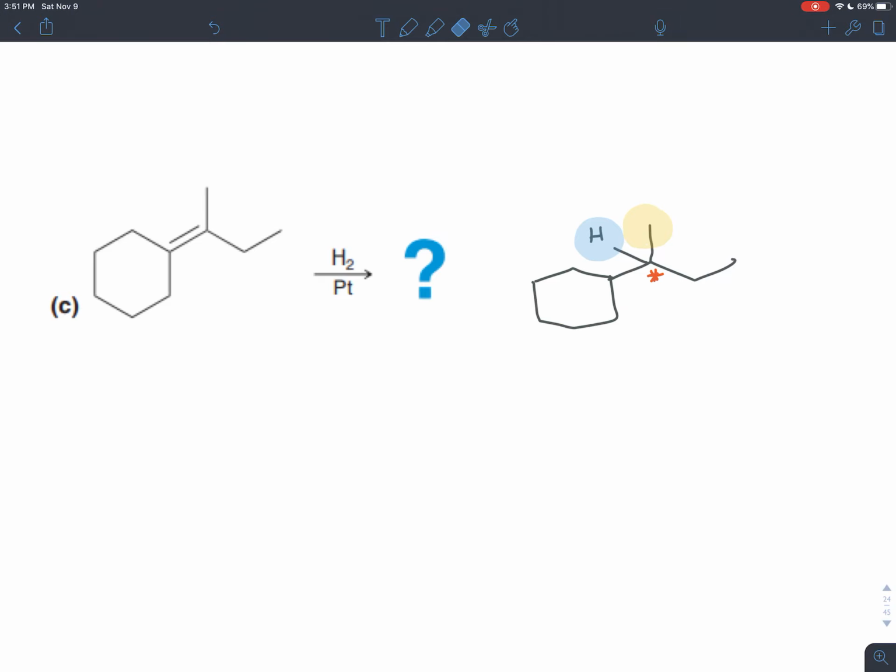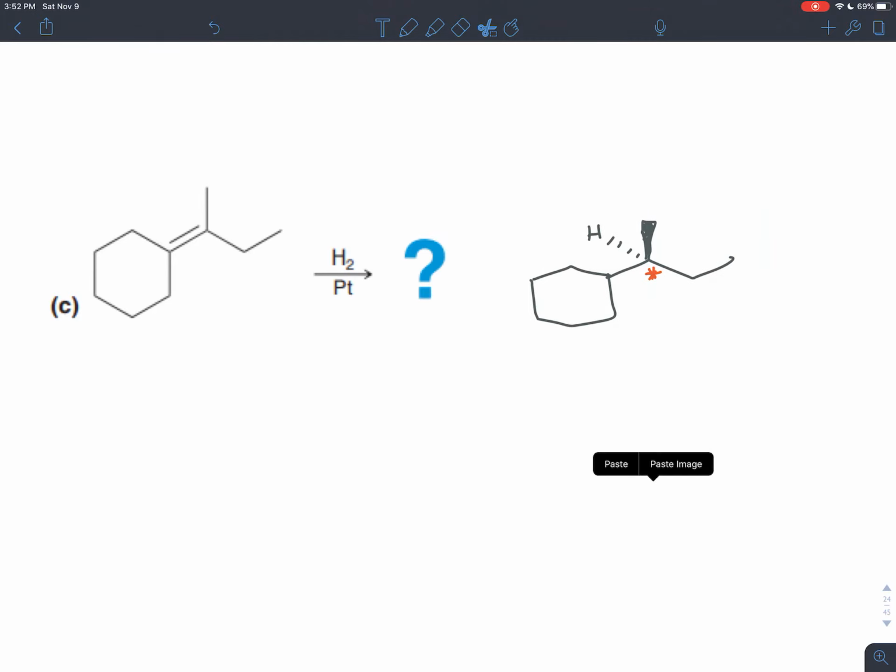So we'll draw in some stereochemistry for this. Let's say the hydrogen's added from the back, so that's going away. In that case, this methyl group would be coming out, because we need that tetrahedral center to have 2 bonds in the plane, one coming out and one going away. So that's one possibility.